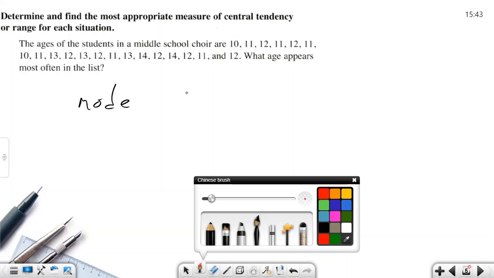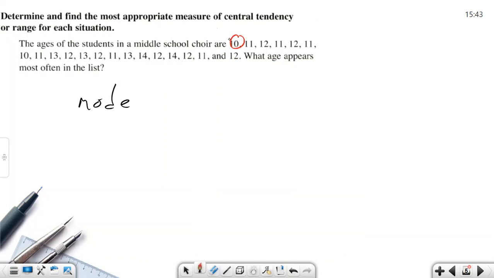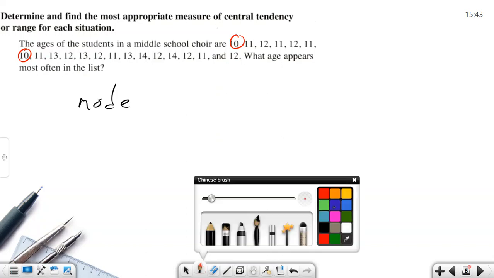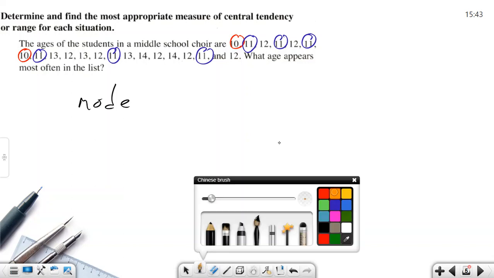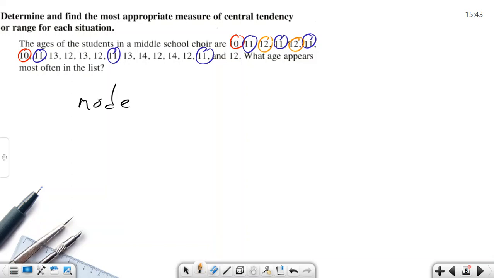So let's check how many 11s, how many 12s. We have 1 10, 2 10s. There are 2 10s. How many 11s? If you order them, it will be easier. 1 11, 2 11, 3 11, 4 11, 5 11, 6 11. We have 6 11s. Okay, let's continue with 12. 1 12, 2 12, 3 12, 4, 5, 6, 7 12s.